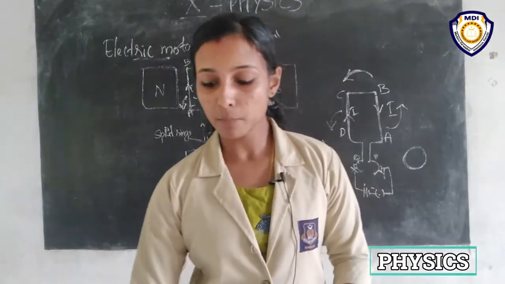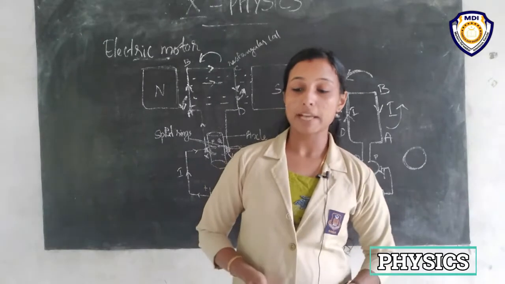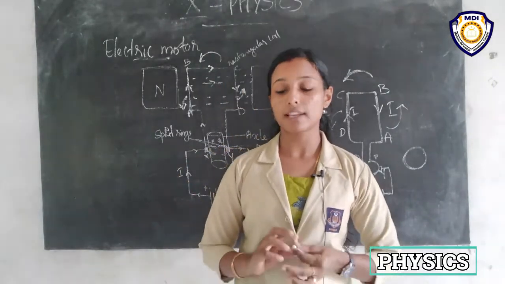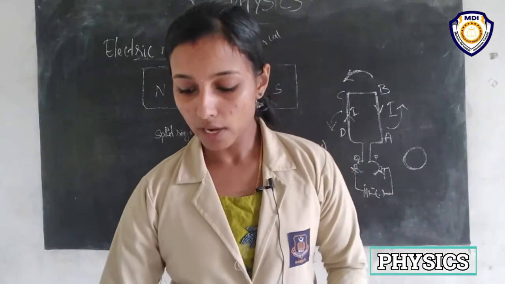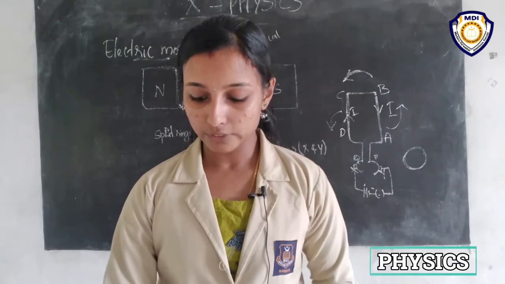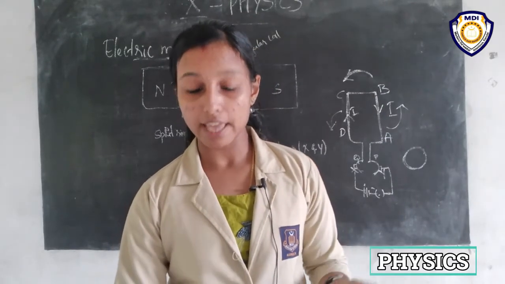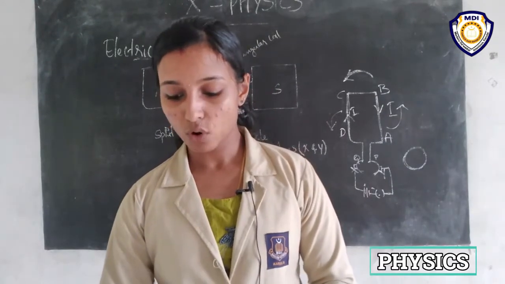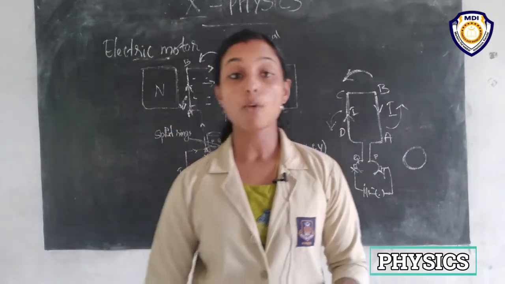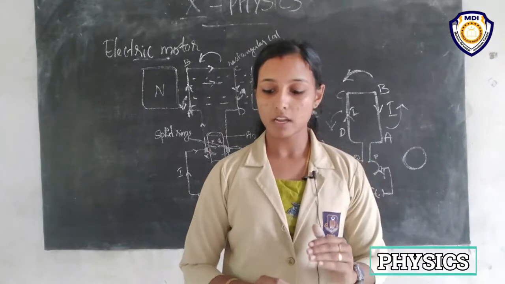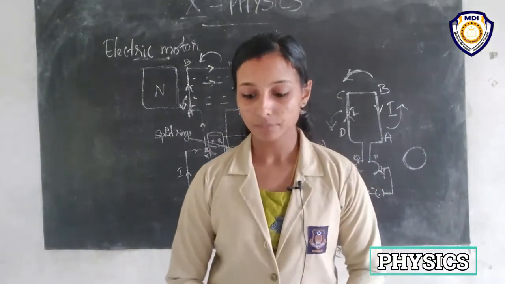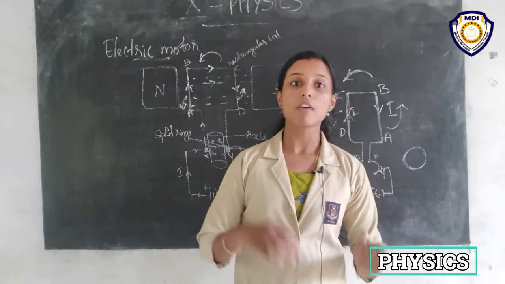In commercial motors we use an electromagnet in place of a permanent magnet, a large number of turns of conducting wire in the current carrying coil, and a soft iron core on which the coil is wound. The soft iron core plus the coil is termed the armature, and this enhances the power of the motor.